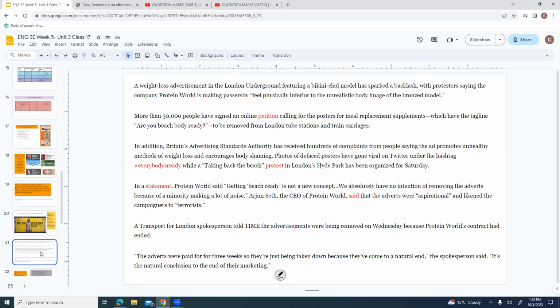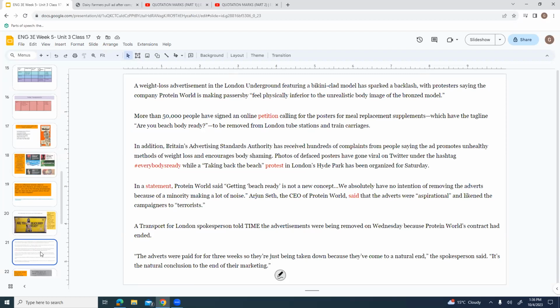In a statement, Protein World said, "Getting beach ready is not a new concept. We have absolutely no intention of removing the adverts because a minority is making a lot of noise." Arjun Seth, the CEO of Protein World, said the adverts were aspirational and likened the campaigners to terrorists.